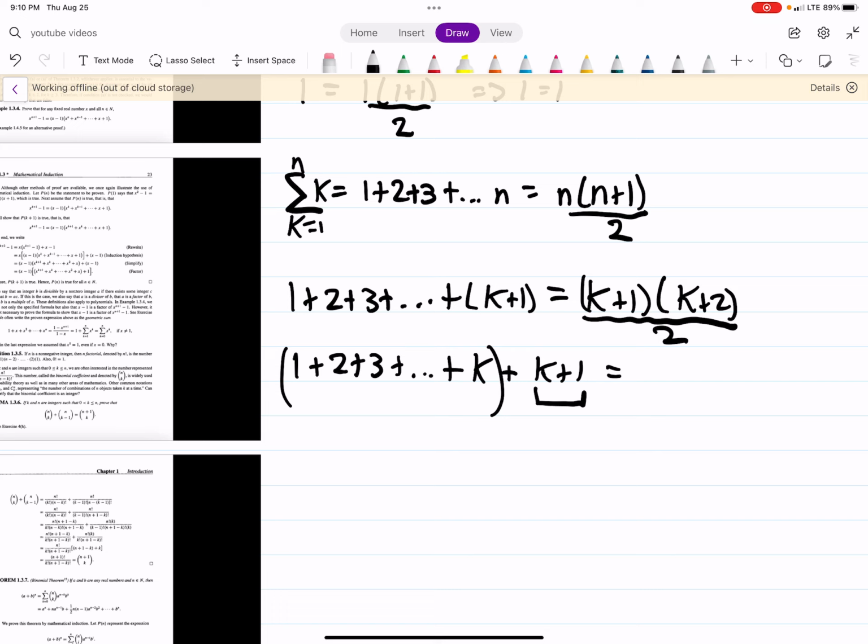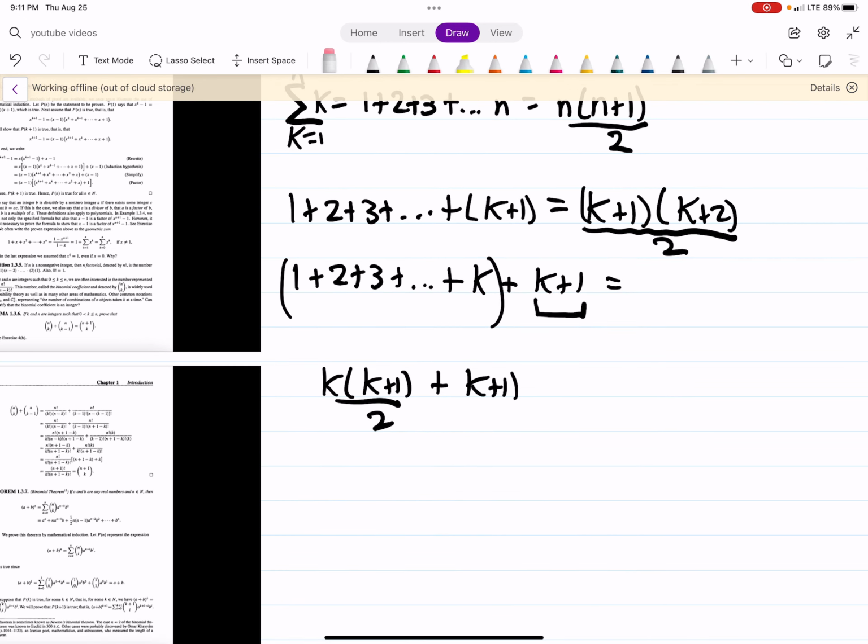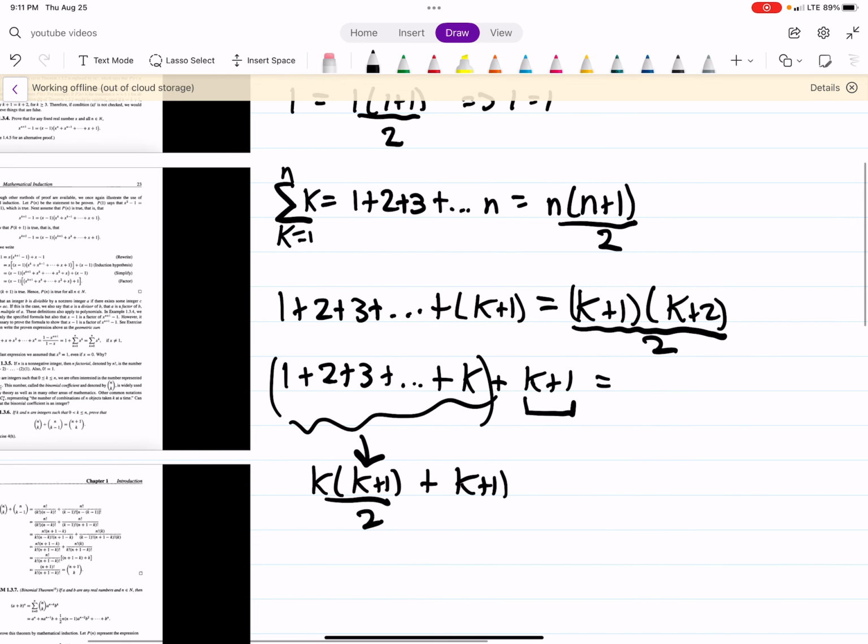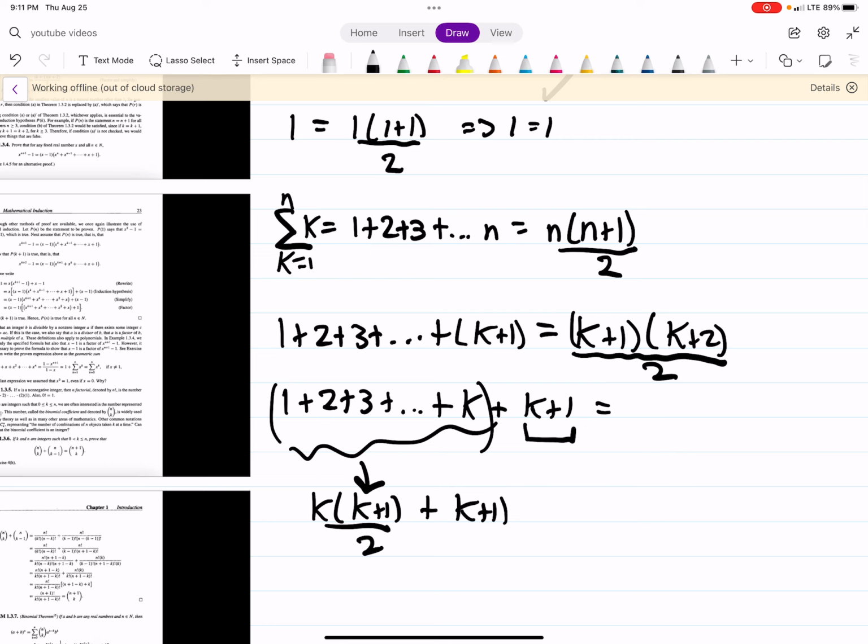And this is the part that we take as being true from above, right? So we know that it is just k times k plus 1 over 2 plus k plus 1, the additional bit that we have.